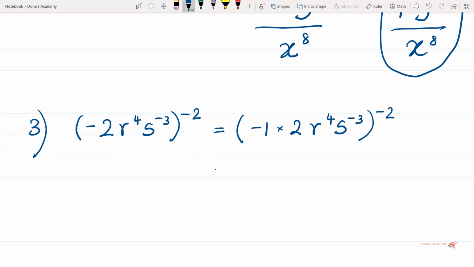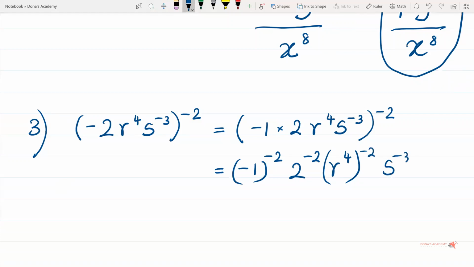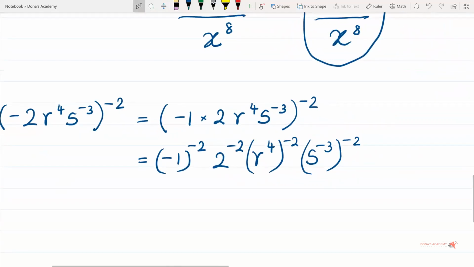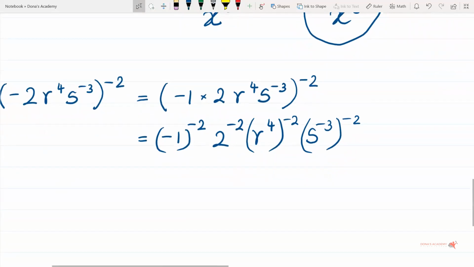Now let's apply the laws. Then this becomes (-1) to the power -2, 2 to the power -2, r^4 to the power -2, s^-3 to the power -2. Now we see negative exponents, so that means it's not simplified yet.